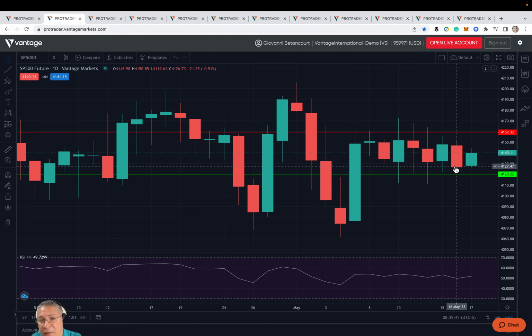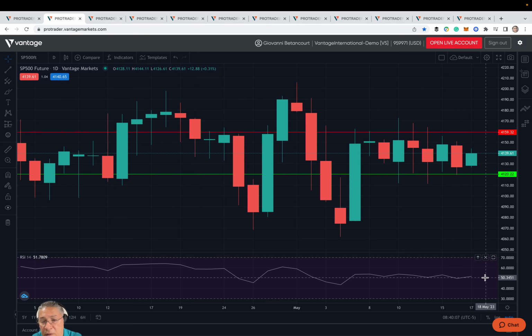S&P did open with a small gap up, and we are trading within yesterday's range. That could be a scenario where the market is looking for some more participants to come and bring it back up to 4150.